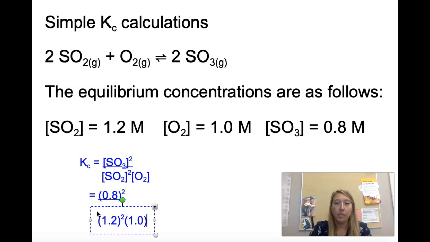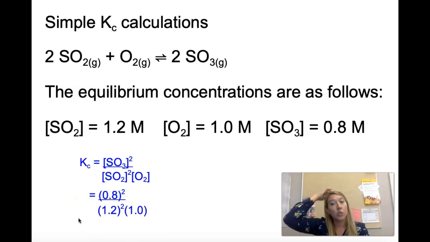You're going to notice I didn't put any units in. The reason I didn't put any units in is generally when we talk about Kc, we don't include units. And it's not because it doesn't have units, it's because every single Kc has the potential to have different units, so there's not really a need to write them. But we do know they are concentrations, so we do know that they have units of moles per liter.